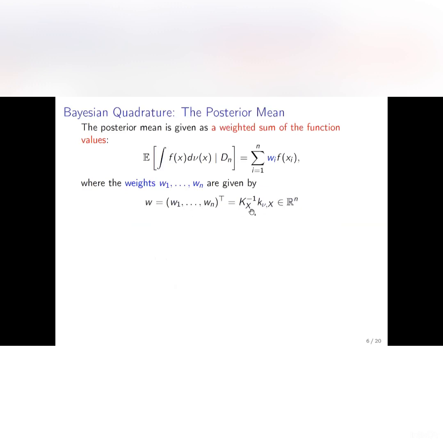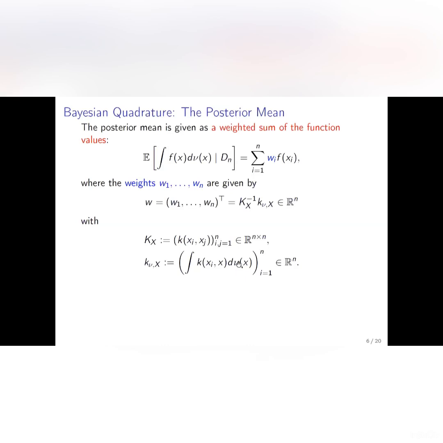Here K_X is the n by n kernel matrix, and k_nu(X) is the vector that contains the evaluation of this integral, which we assume to be analytically available.